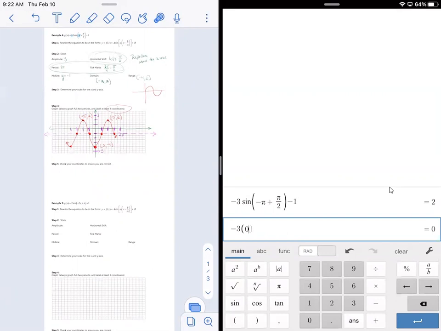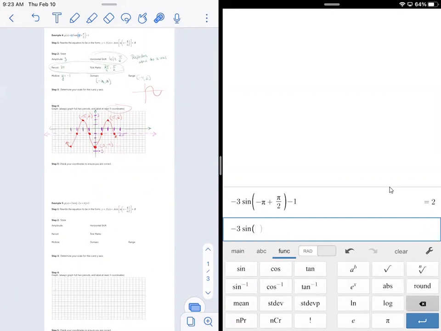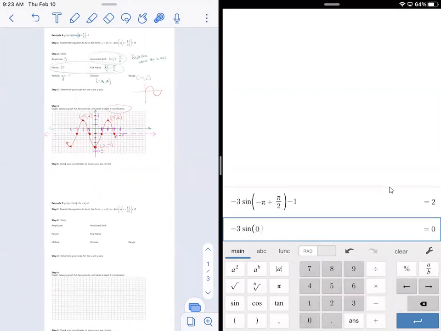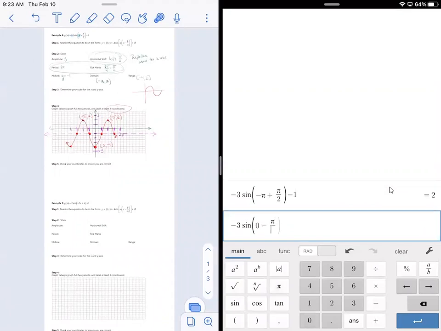Oh, let's not forget our function. 3 sine 0 minus pi over 2. And then I'm going to minus, or sorry, it's a plus pi over 2, forgive me. And then I'm going to minus 1. And good news is I get out that negative 4.